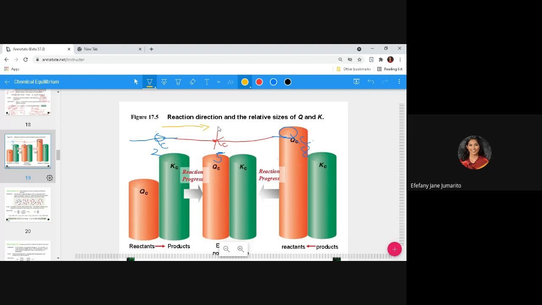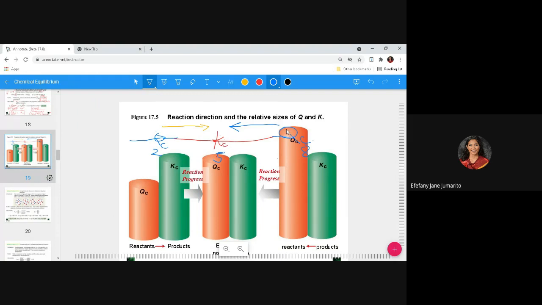Now, if your QC is greater than KC, what will happen? Backward. It goes backward because the rule there is that our reactions must reach equilibrium.